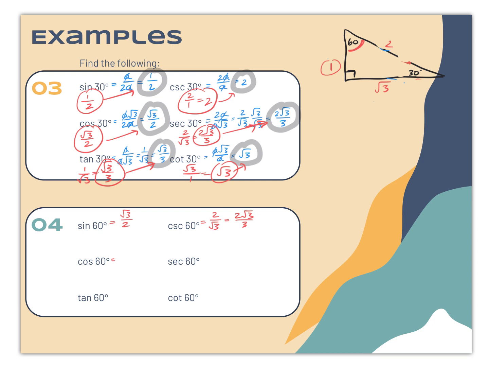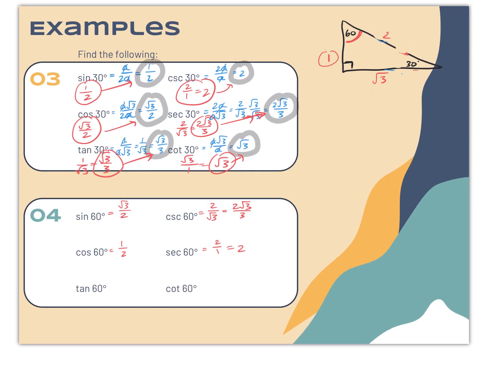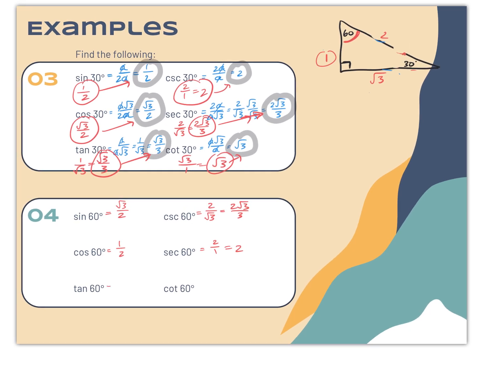The cosine of 60 degrees is going to be adjacent, which is 1 over hypotenuse. The secant is going to be the reciprocal, which is just 2. And the tangent of 60 degrees is going to be, again, opposite over adjacent, which is square root of 3. And the cotangent is going to be adjacent over opposite. And I do have to rationalize that, so I'm going to get square root of 3 over 3.